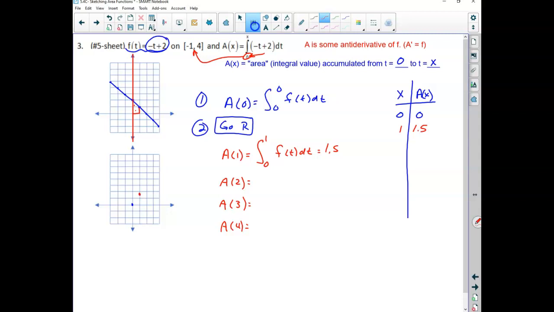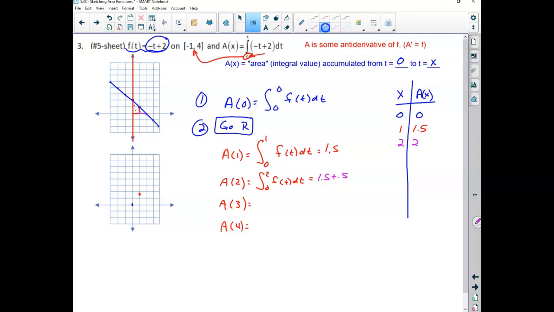And then the next thing I'm going to do is my integral from 0 to 2 of f of t dt. I can do this however I want, meaning I can take my 1.5 from before and add, since I'm increasing at a decreasing rate now, only 0.5. So this is going to come up to 2 at 2.